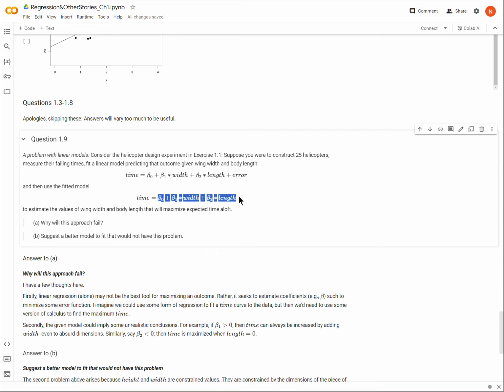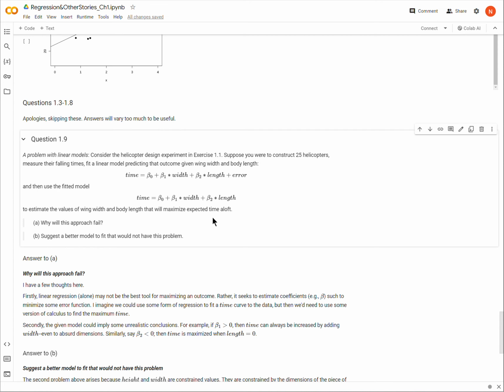So we use this estimate to maximize the time outcome. Okay, and so there's a couple of questions here, which is, why will this approach fail? And then we're asked to suggest a better model to prevent the failure mode from happening.